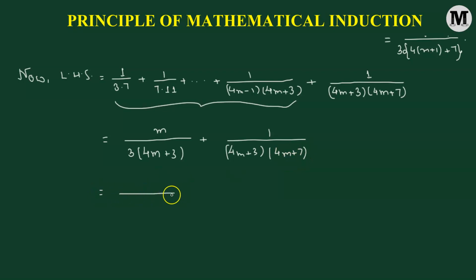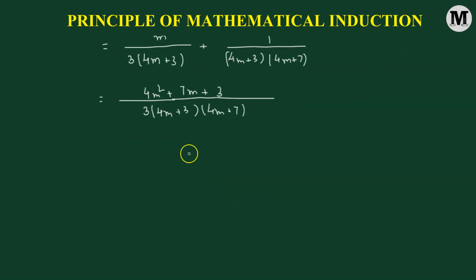Now we need to combine these two terms. So let's get a common denominator, 3 times (4m plus 3) times (4m plus 7), which means that in the numerator we get 4m squared plus 7m plus 3. Fine.